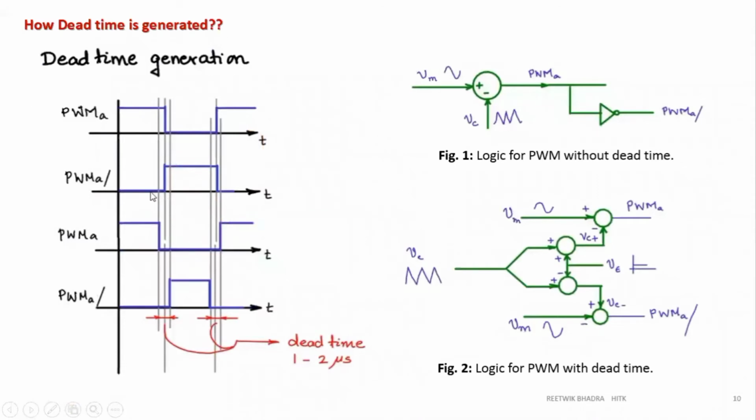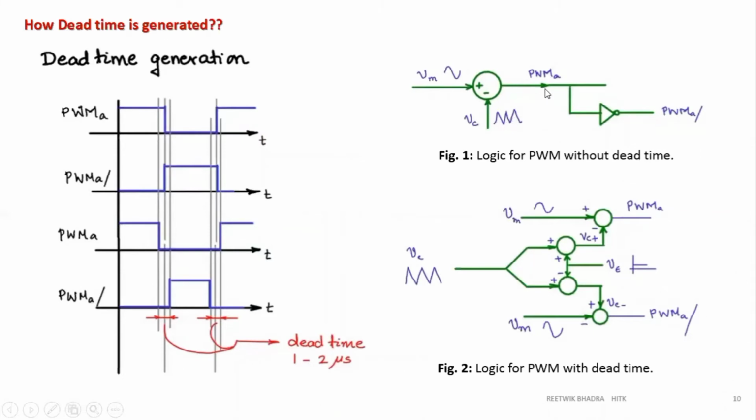So this PWM A and A bar looks like this only. Actually, our problem looks like this. So it is turning off at this point, and PWM A bar is turning on at this point. So this is our actual PWM which we are getting because of this circuit, right? We were comparing a sine wave with a triangular wave.